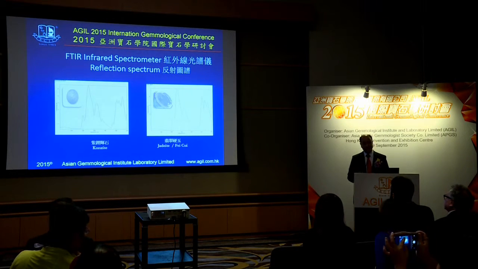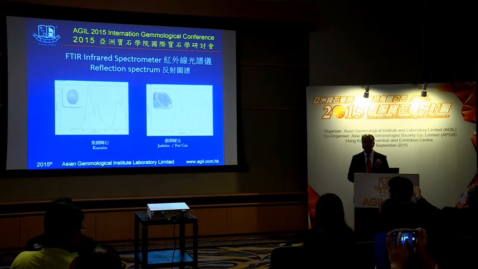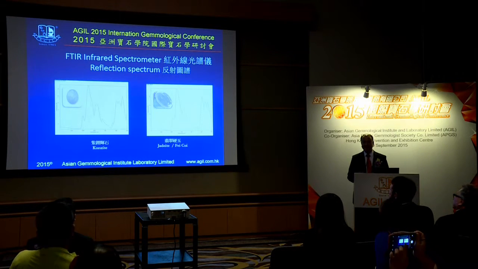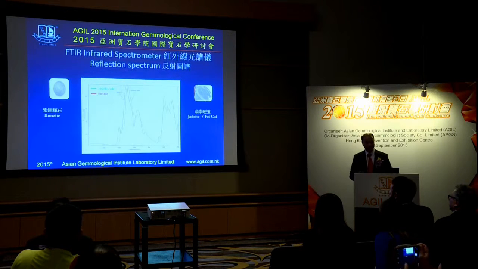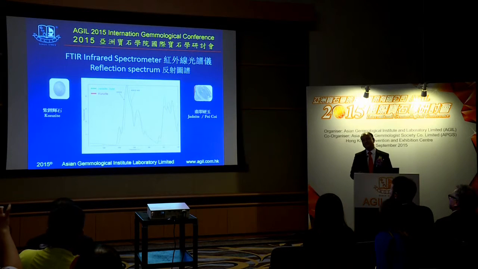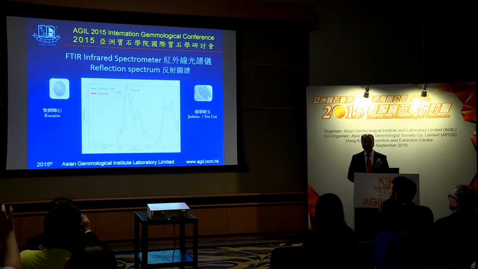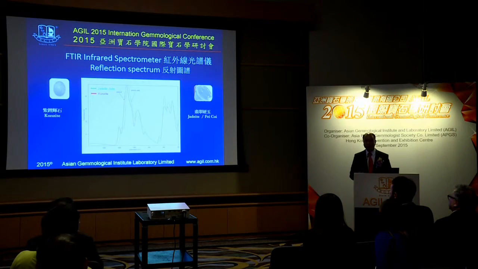Now look at the two graphs. If we overlap each other, let's see what happens. The kunzite and the jadeite reflection IR spectra look almost the same.